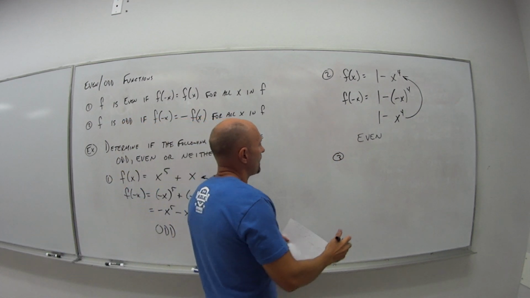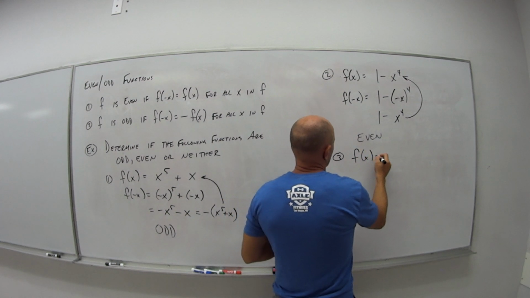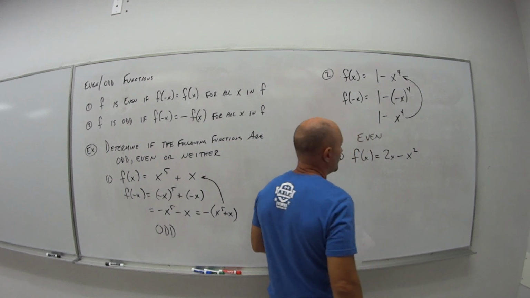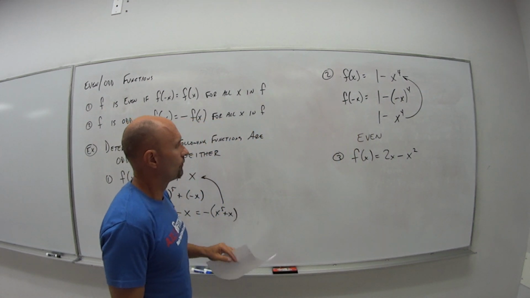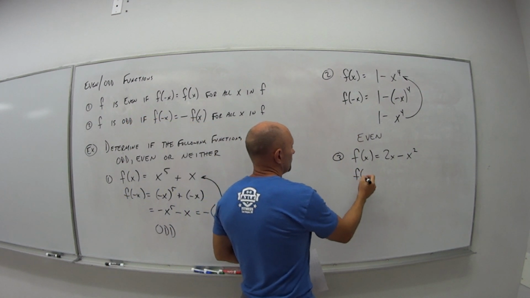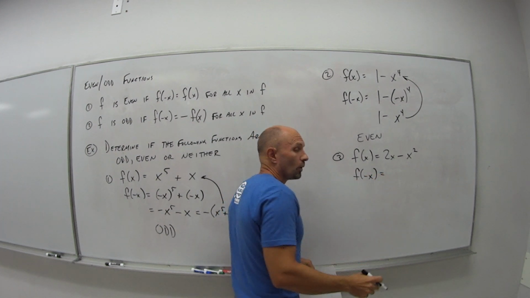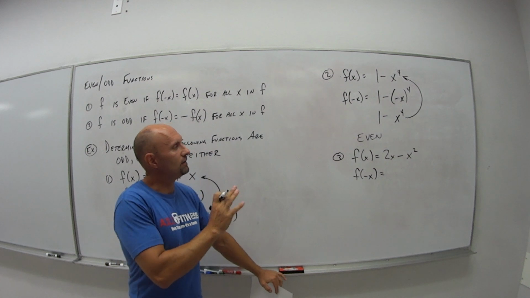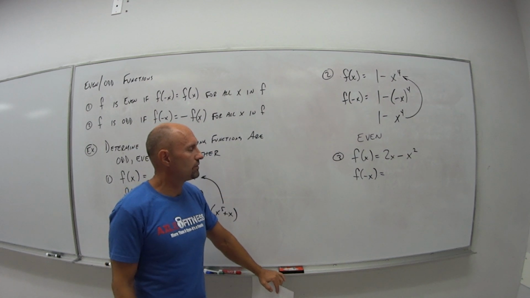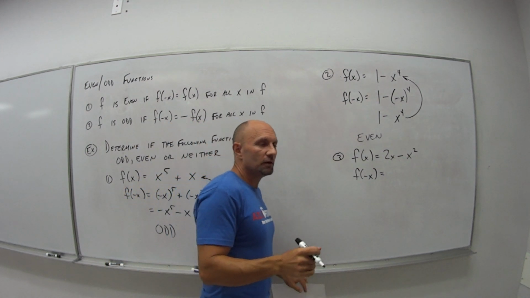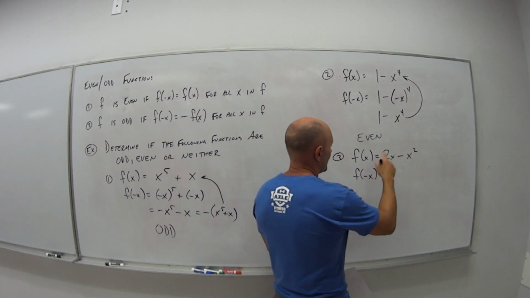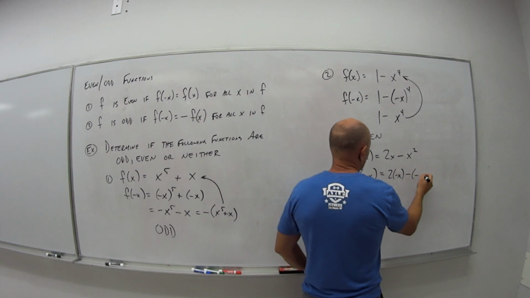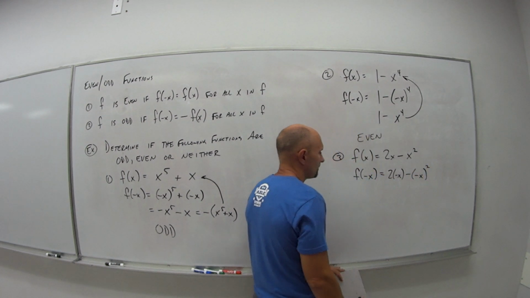And lastly, how about f of x is 2x minus x squared? So if I plug in f of minus x, the same process. So if you want to try it, go ahead. Hit pause, plug it in, simplify it, see if you get even, odd, or neither. If you did pause, welcome back. If not, let's put this in. So 2 times minus x minus a negative x squared.